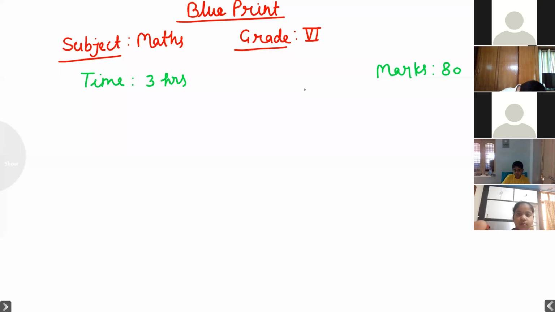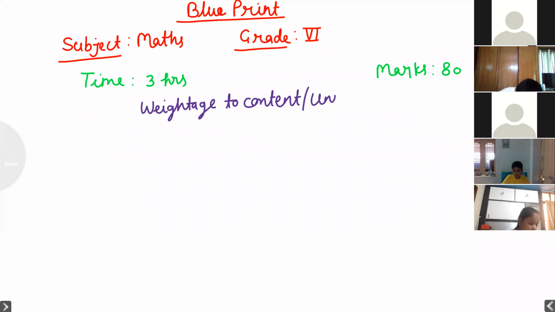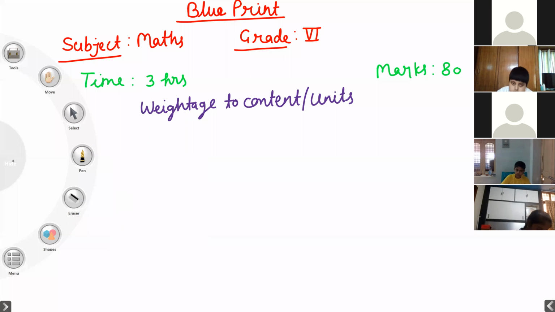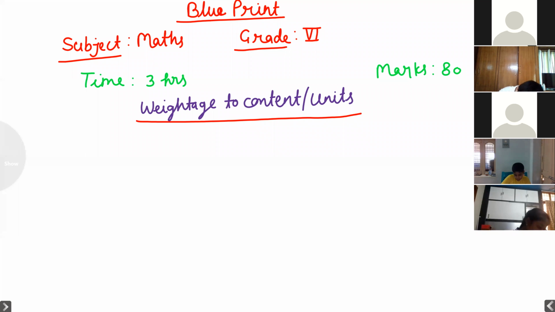Next, weightage to content or units. There are 3 units.